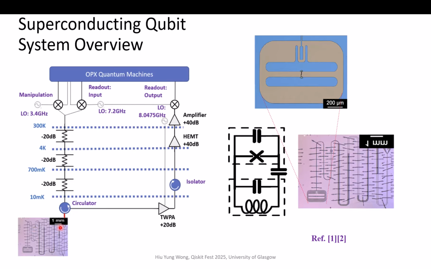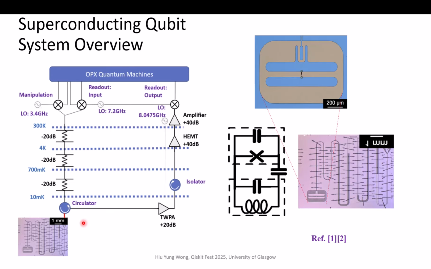The microwave may get reflected, and then it will go through a quantum amplifier and a train of amplification, so you know what the state of the qubit is. And based on the result, in the future, you do error correction and send the error correction signal to the quantum chip and continue the operation. So you see that the classical and quantum interaction is very important in a quantum computer.